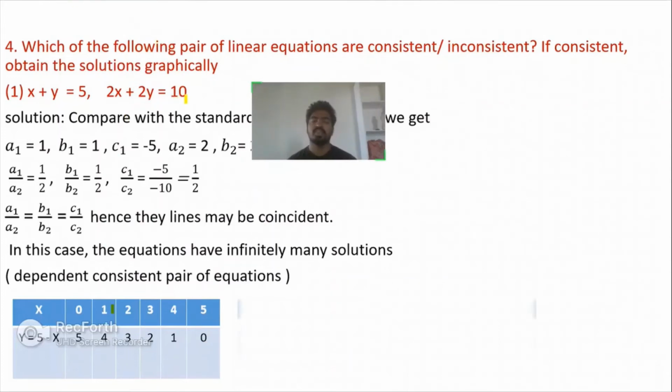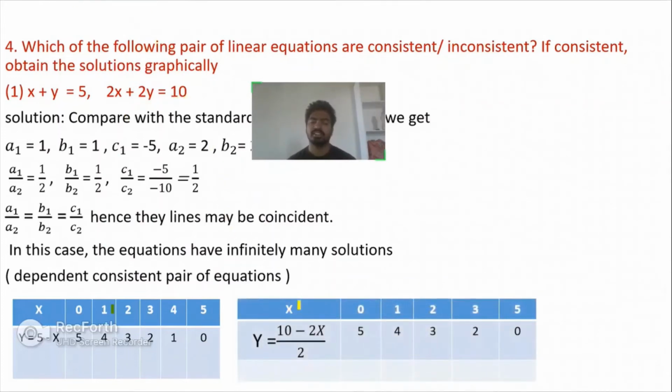Similarly, we have to find the points for the second equation. If I take x is equal to 0, then from this equation the value of y becomes y is equal to (10 minus 2x) by 2. So, substituting x is equal to 0, we obtain y is equal to (10 minus 2 into 0) divided by 2, which is equal to 5.